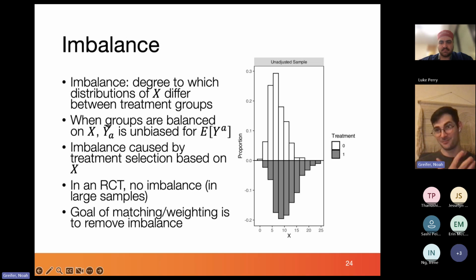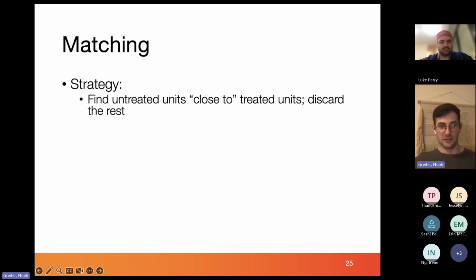So in matching and weighting, the goal is to remove imbalance to mimic a randomized trial by making the distribution of every variable in X the same between the two groups. For matching, the way we do this is we find untreated units that are close or similar to treated units, and then discard the rest.